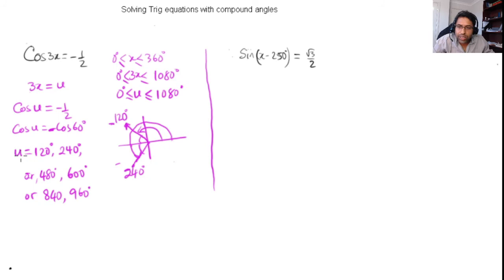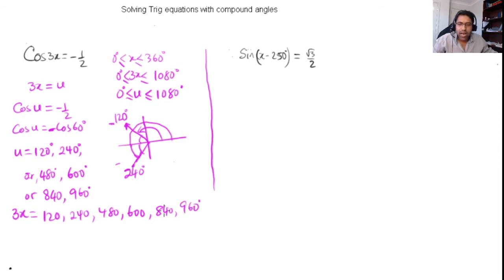Now you know that u is basically 3x. So 3x equals 120, 240, 480, 600, 840, and then 960.